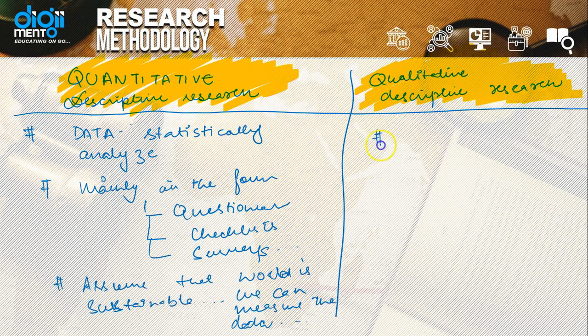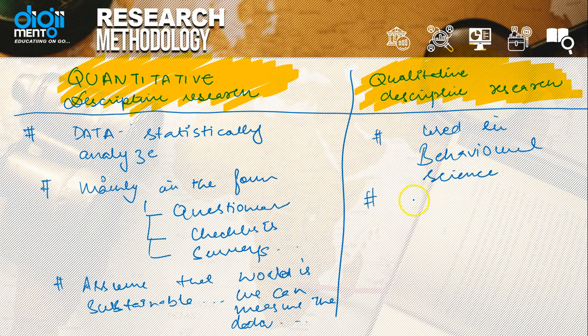The qualitative descriptive research is basically used in behavioral science. Whose behavior is it going to research? Human behavior.